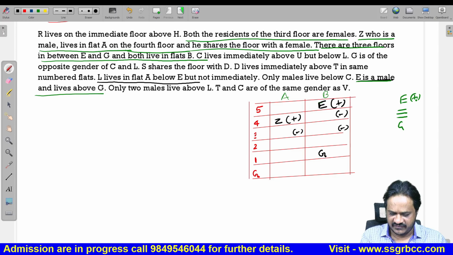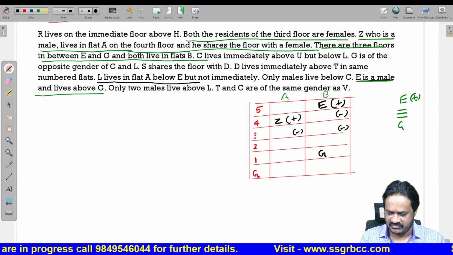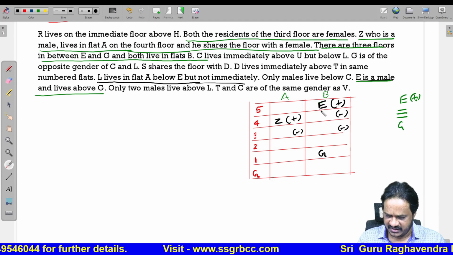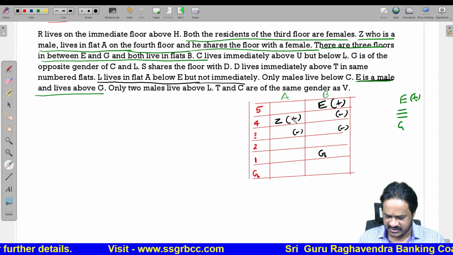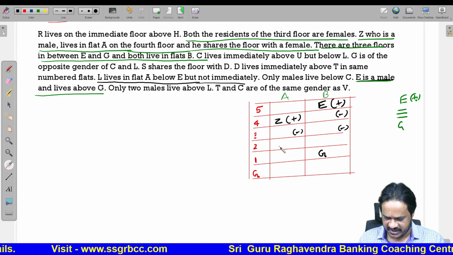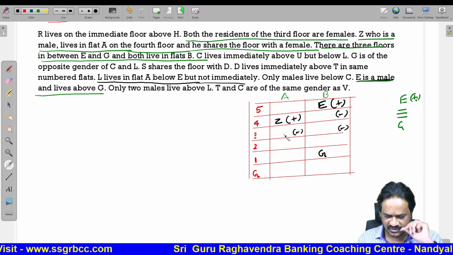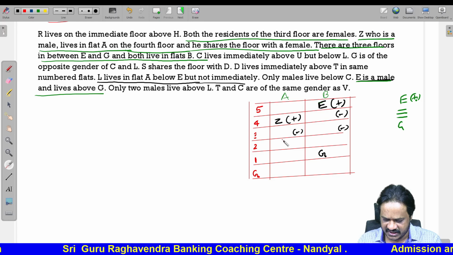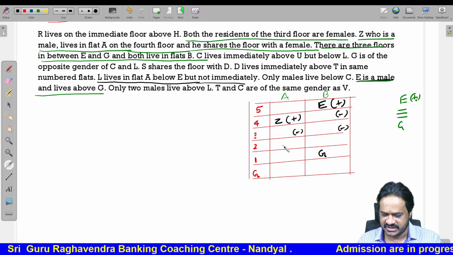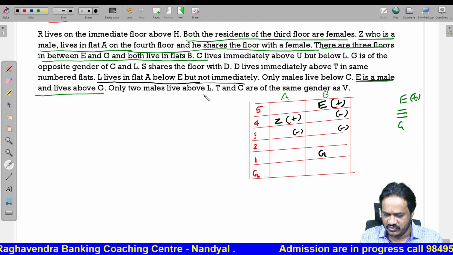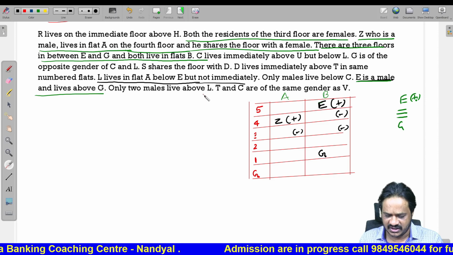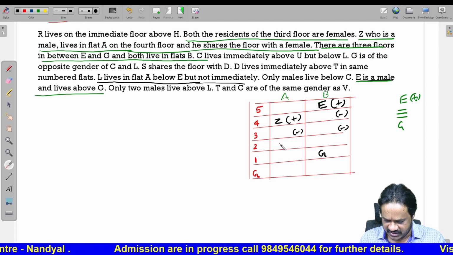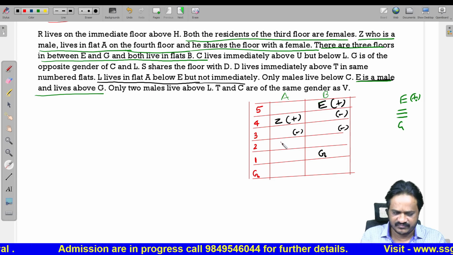L lives in flat A below E but not immediately below. So L should come in flat A only, and you can take L here or here. Then what is given? There are only 2 males living above L. So you can take L either in the 3rd floor or in the 2nd floor.